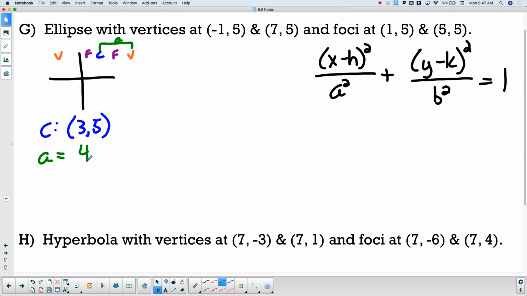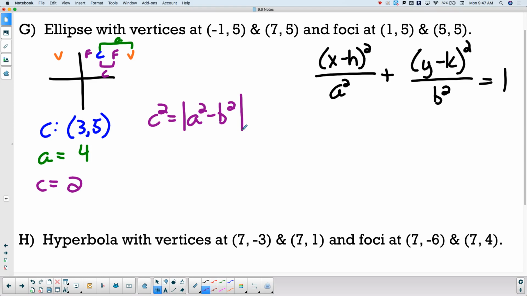So a is 4, which makes this c. How much is c? 2, right? Now, the formula was c squared equals the absolute value of a squared minus b squared.